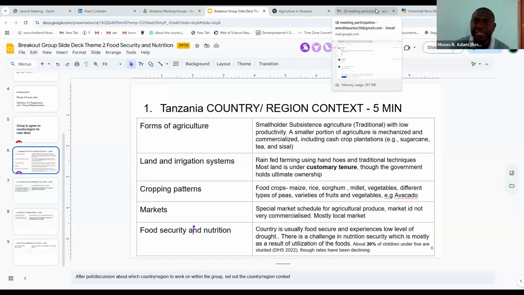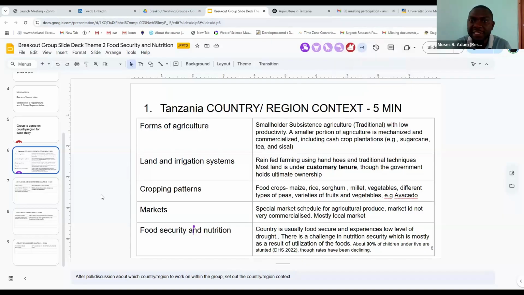On the issue of market, we have a medium, relatively formal market system. We have the farm gate market, where farmers take the produce to the local markets, but we also have crop vendors or crop brokers or middlemen who moderate the trade between the farmers and the buyers.